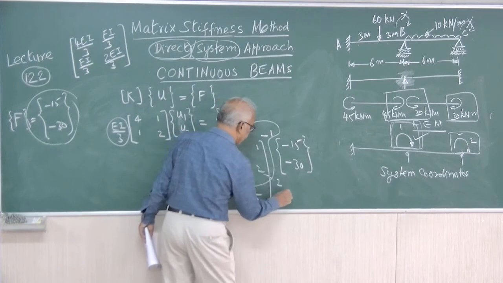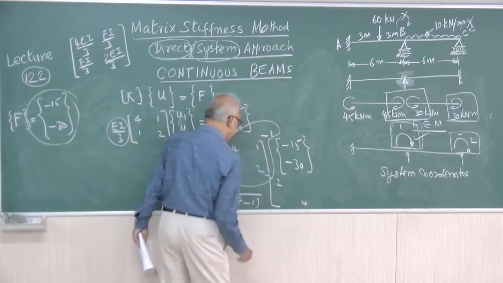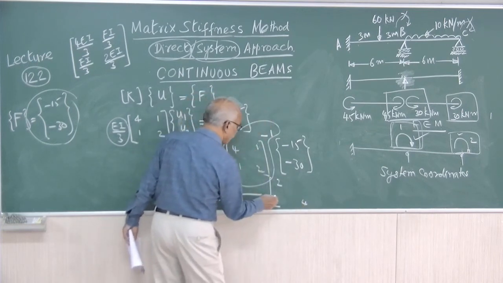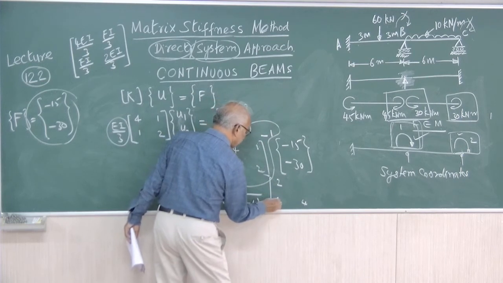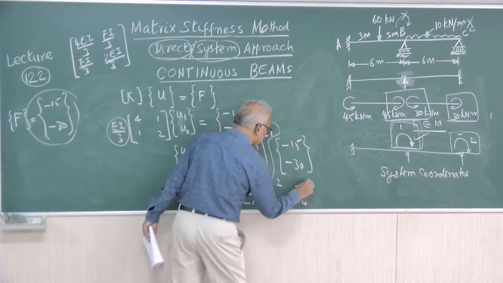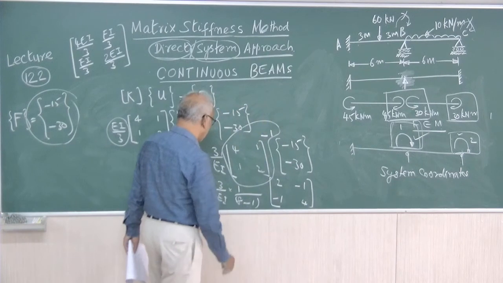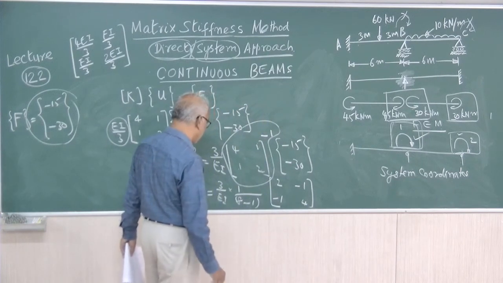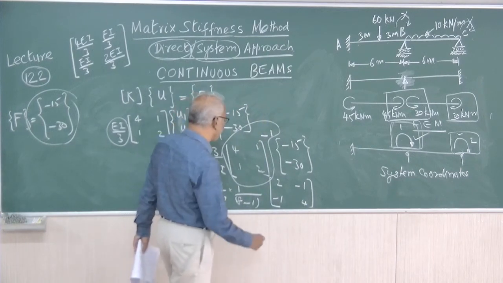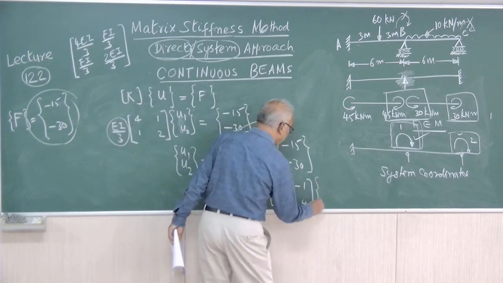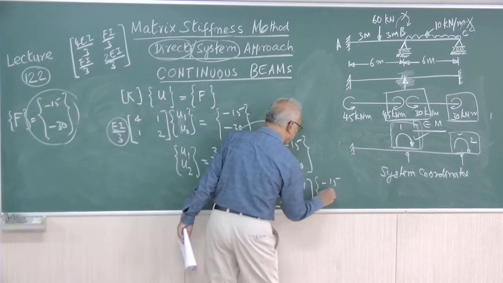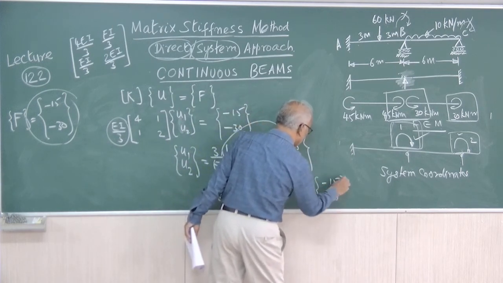These two will be retained in their place, but with the minus sign. So, 1 by determinant into the adjoint of the matrix into minus 15 and minus 30.